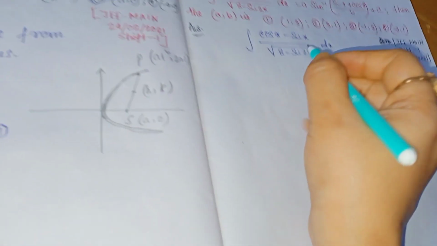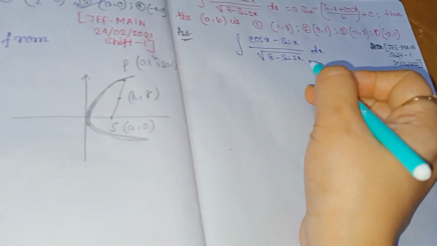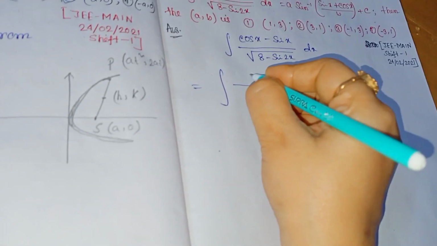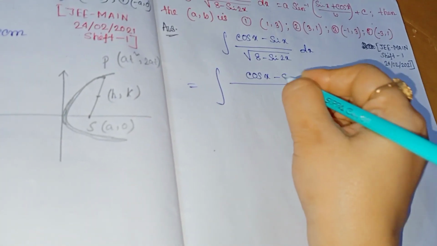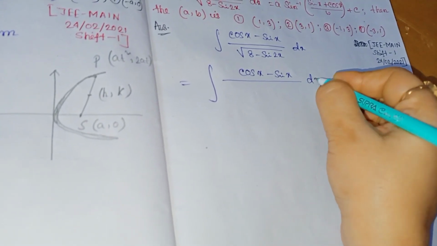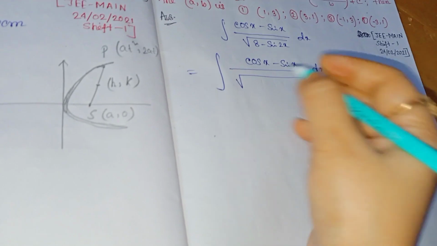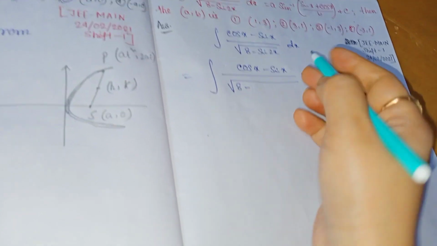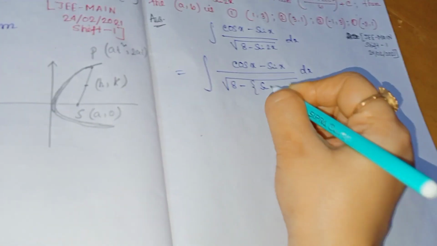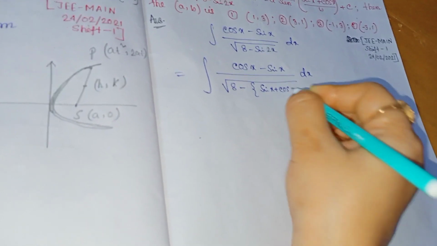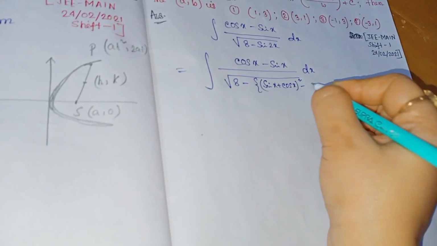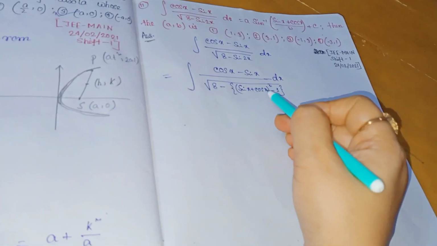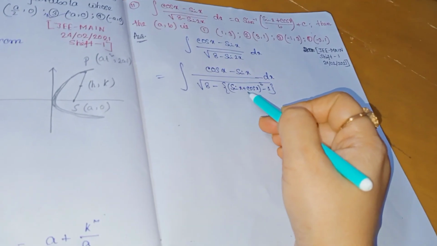At first we know sin 2x, so we may write the integral with the numerator unchanged, cos x minus sin x dx, and the denominator 8 minus, and sin 2x is equal to sin x plus cos x whole squared minus 1, as sin squared x plus cos squared x is equal to 1, plus 2 sin x cos x.